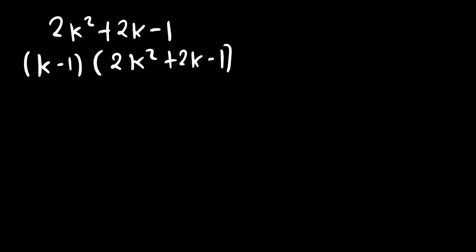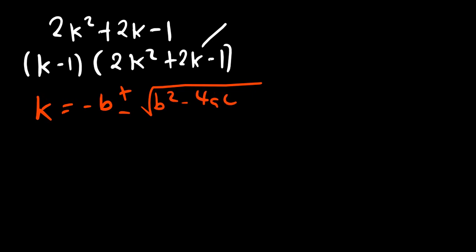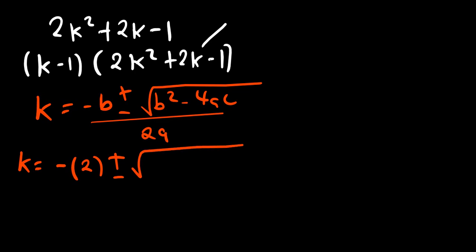This one we solve using the quadratic formula: k equals negative b plus or minus the square root of b squared minus 4ac, over 2a. So k in this case will equal negative, our b is 2, plus or minus the square root of 2 squared minus 4, our a is also 2, multiplied by our c, which is 1, over 2a.